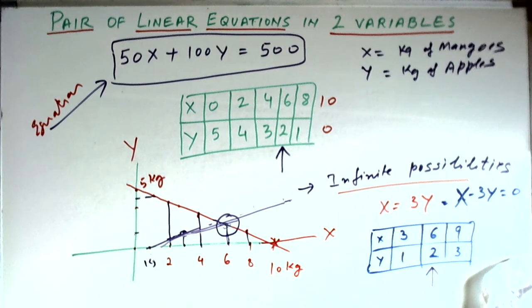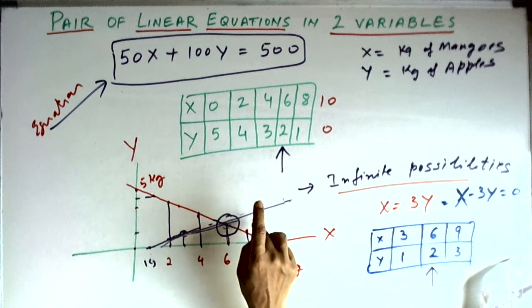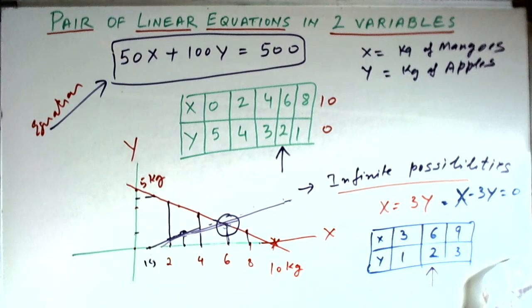So the pair of linear equations will intersect at the point where the actual happening has happened, and we will find the exact solution that she purchased 6 kilo of mangoes and 2 kilo of apples, and she purchased 3 times by weight mangoes as compared to apple, and she has spent 500 rupees in total.